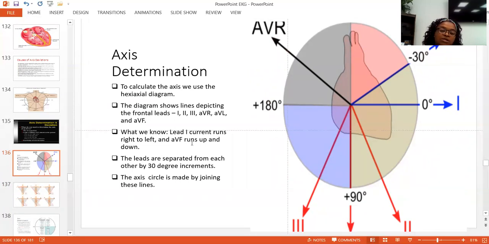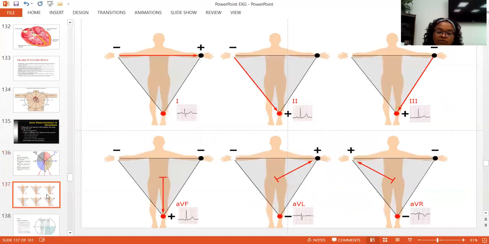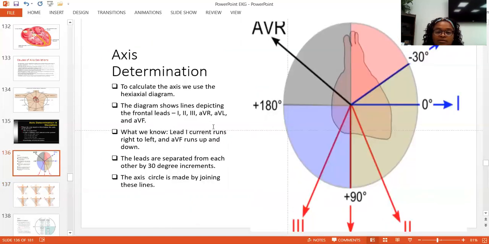What we know is that lead 1's current runs from right to left. And how do we know that? Here we are from previously when we talked about lead placement. Here's our lead 1, and there's the direction in which the current's traveling. We also know that AVF runs up and down. And how do we know that?